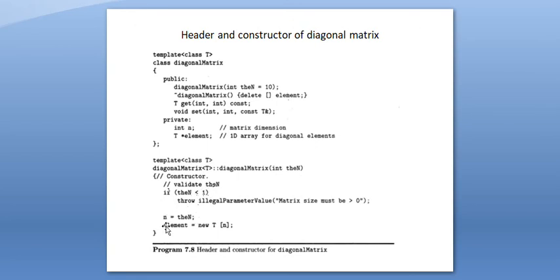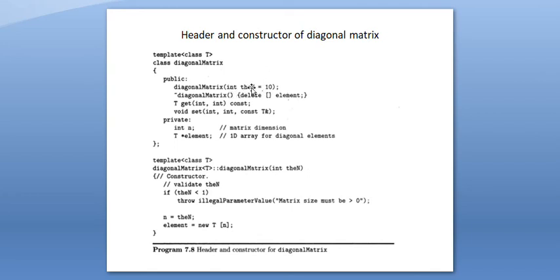Then n becomes 10, and element will be T space of 10. So you're going to create a space for data type T, since it is a template class. The diagonal matrix element could belong to any data type, so T is actually the data type here. Then n is 10 here, because we have not provided any parameter to the constructor.